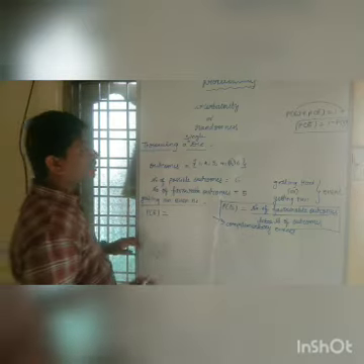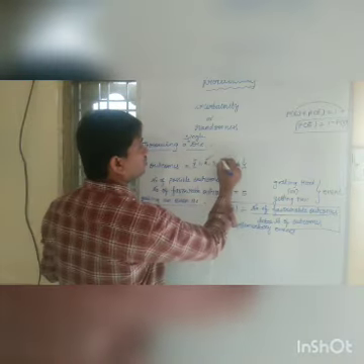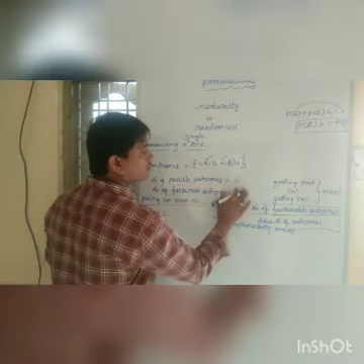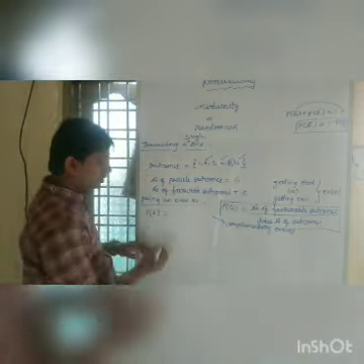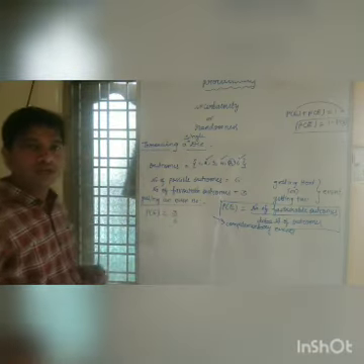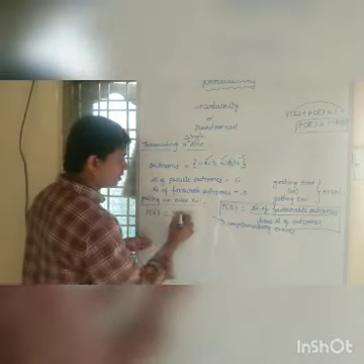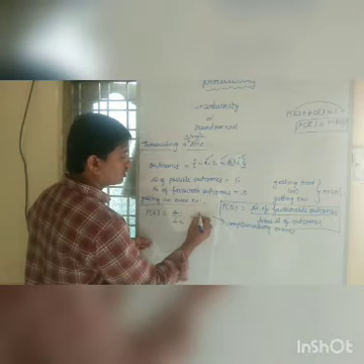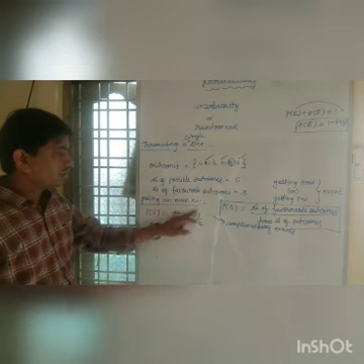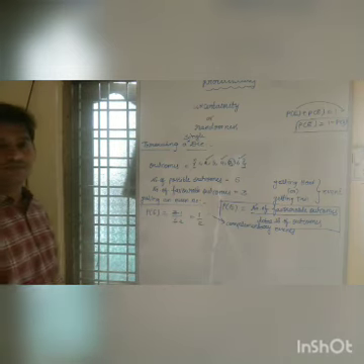So what are the even numbers here, children? Here even numbers are 2, 4, 6. So number of favorable outcomes are 3 and total number of outcomes are 6. I mean answer is 3 by 6. 3 1s are 3, 3 2s are 6, so the answer is 1 by 2.